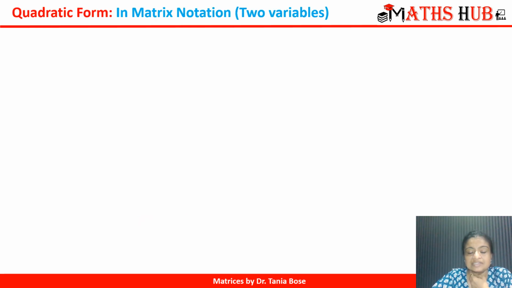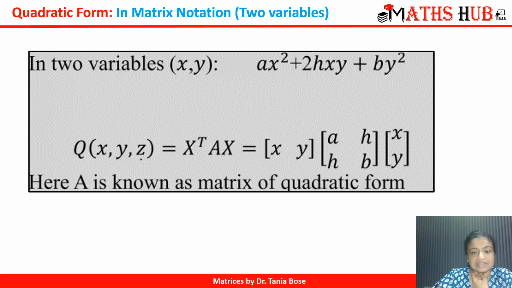Now, similarly, if we have two variables, like if I have the polynomial ax squared plus 2hxy plus by squared, how will I write this in the form of a matrix? You can always write it as x transpose Ax, where what are the values of x and A? x transpose is the row matrix x y, and x is the column vector x y.